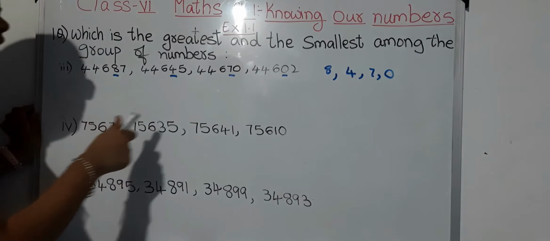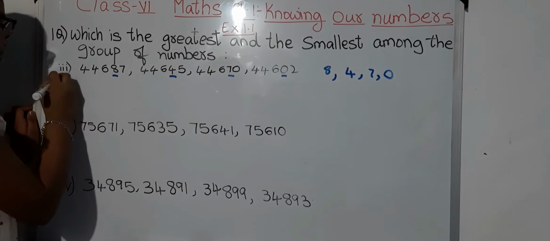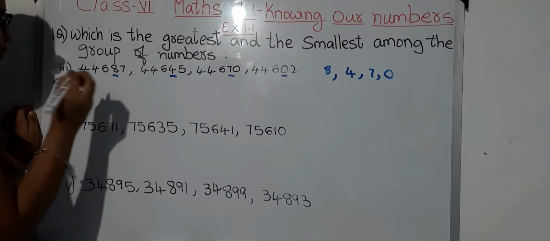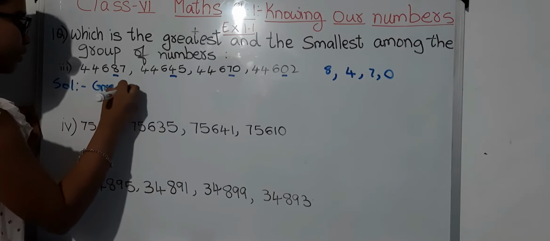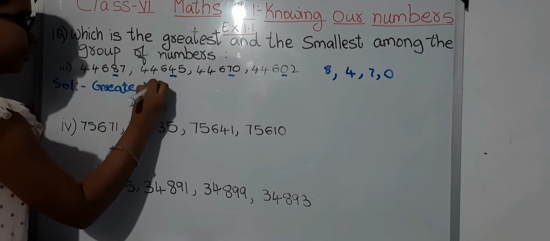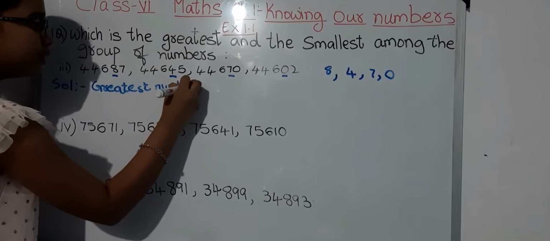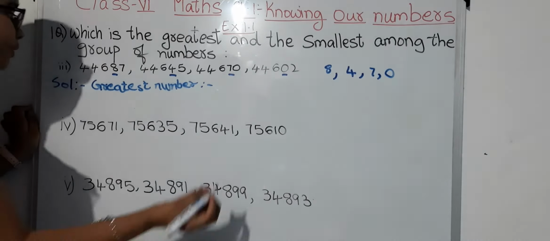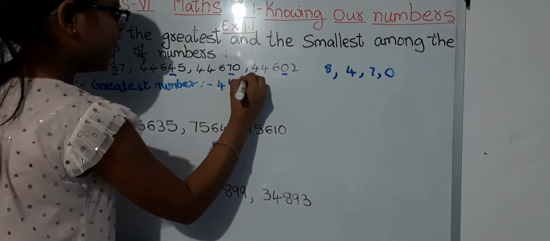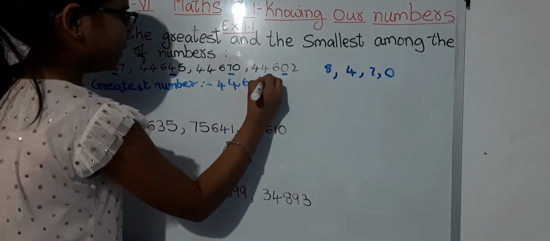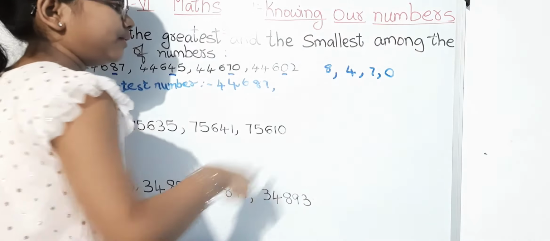So the greatest number is 44,687. Now in this, which is the smallest digit? 0 is the smallest digit.